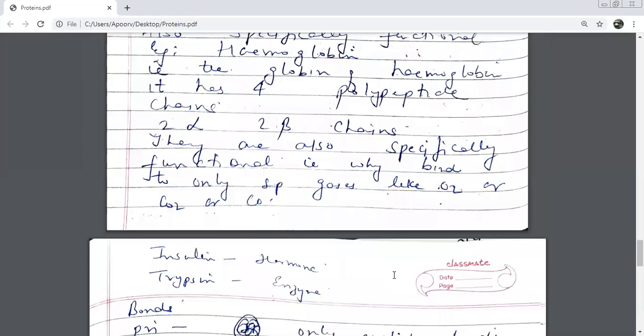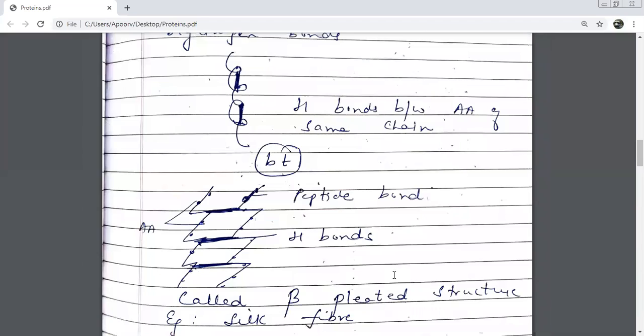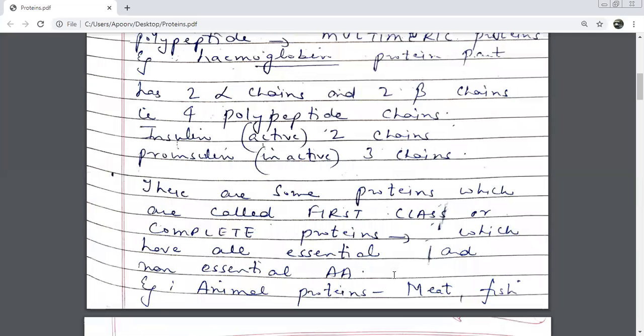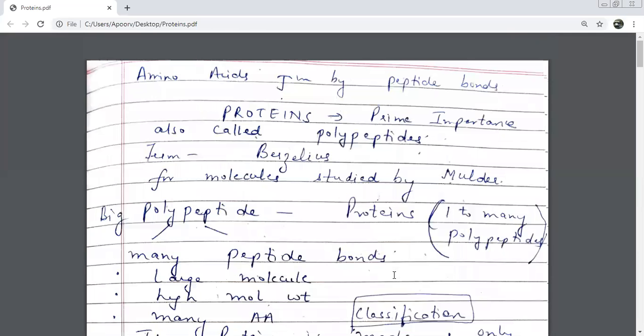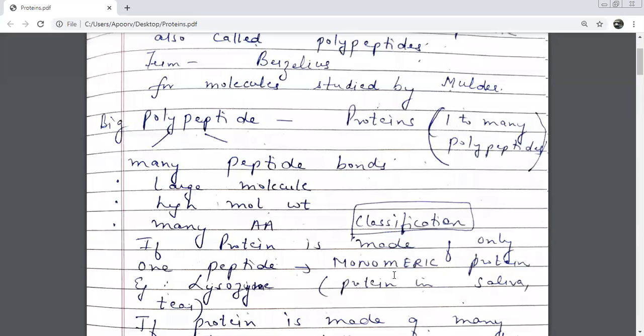So very quickly, what have we done today, which biomolecule have we studied today? Proteins. Why does the word protein come from the word proto? What does proto mean? Prime importance.